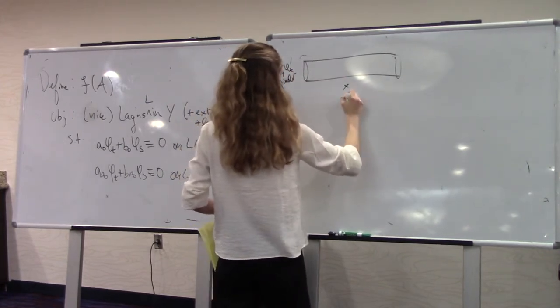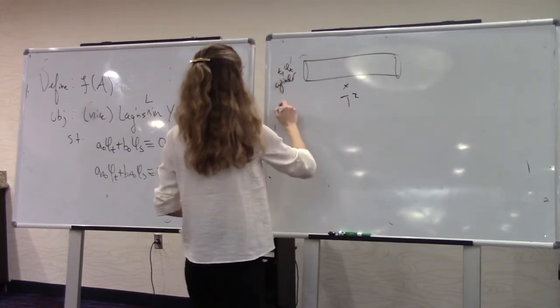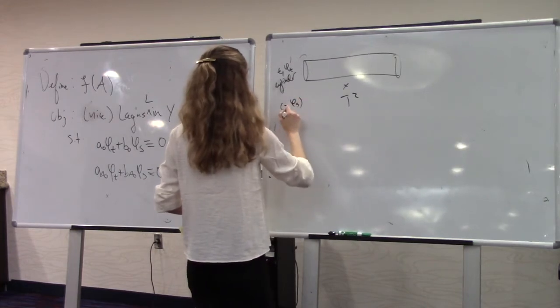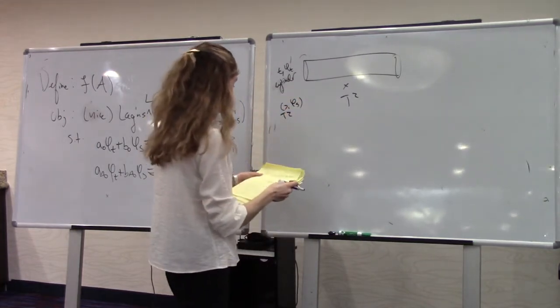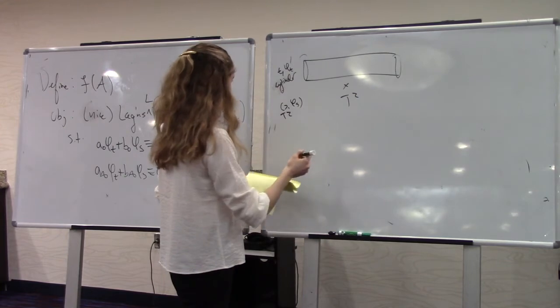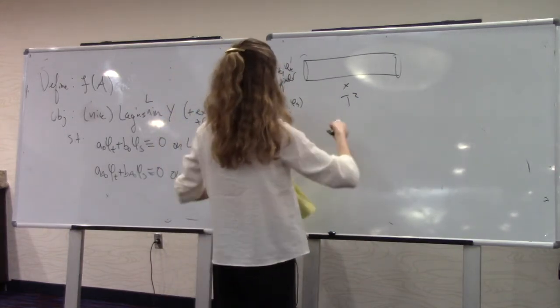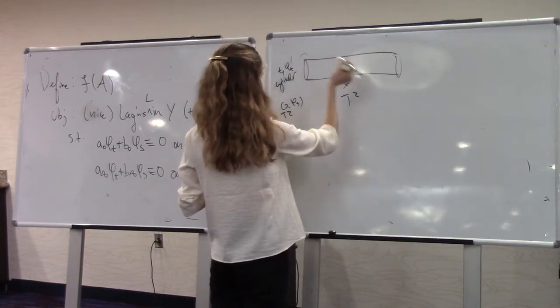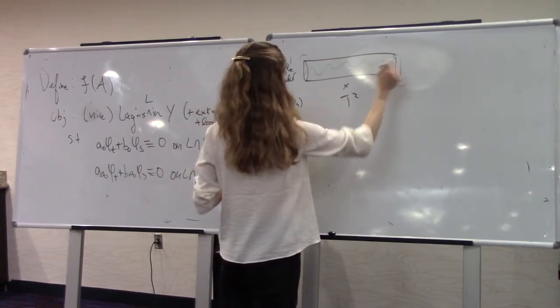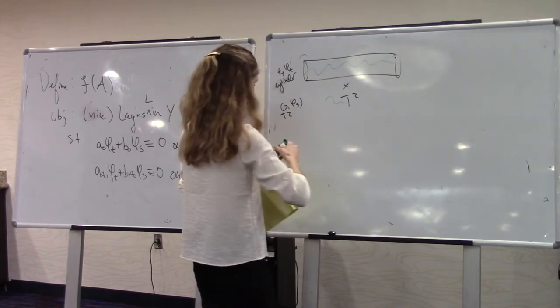And then I'm just going to say it's times T2, so this is the s, phi s circle. What's happening is, say I have some Lagrangian living in this space. Okay, I'll draw it as some product Lagrangian, but it need not be a product Lagrangian.